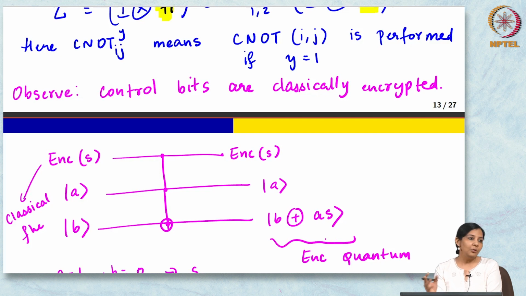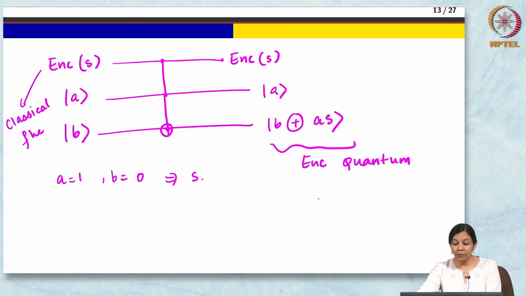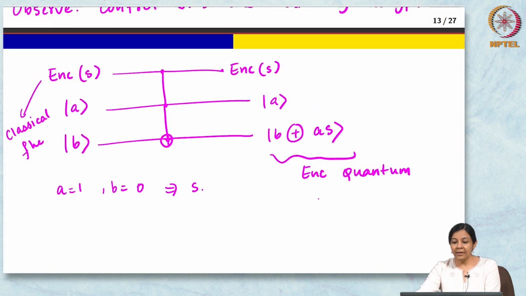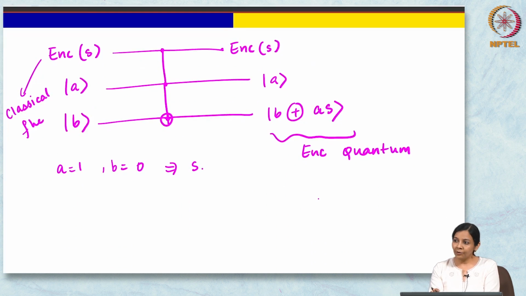The output should also be encrypted, but the output should be encrypted quantumly. Okay, so is it clear? I think it is really sort of cool, right.